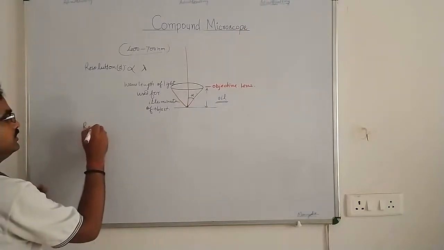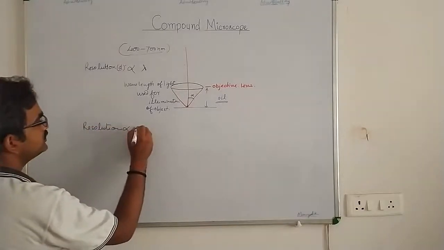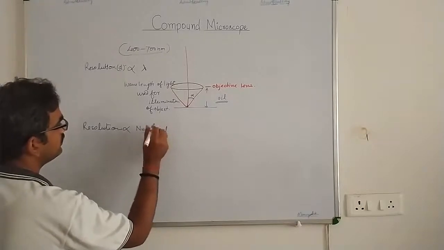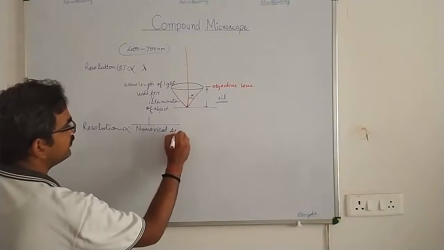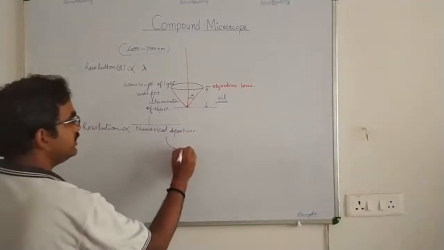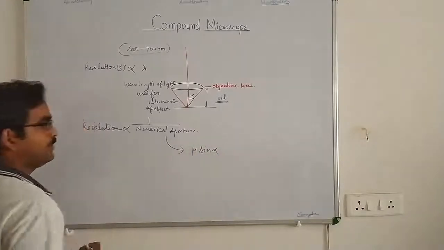And second, resolution is inversely proportional to the numerical aperture, and this numerical aperture is mu sin alpha.